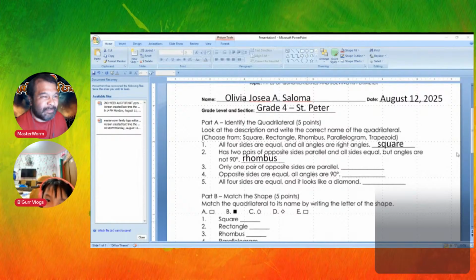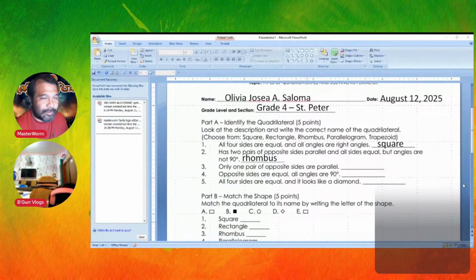What is it? Parallelogram? No. Trapezoid. Yes, it's a trapezoid.